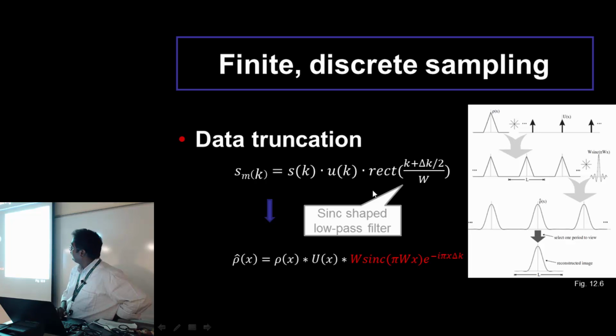Then this essentially acts as a low pass. So the Fourier transformation of this is basically this sinc with a phase shift. Due to this shift in k space, you have an additional phase here, and you have the u(x) which is repeating every L, determined by 1 by delta k, and this is your spin density function which is convolved with these functions. Clear?